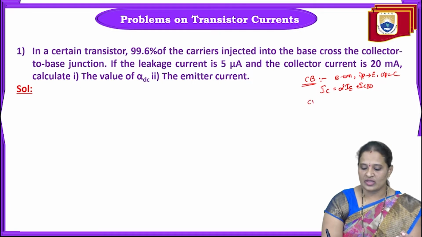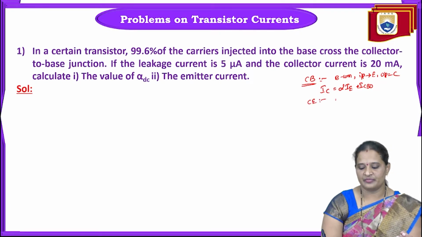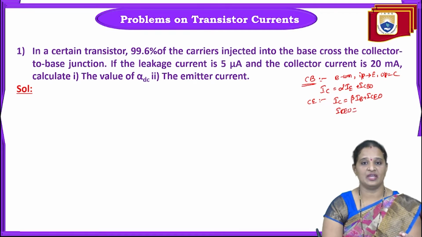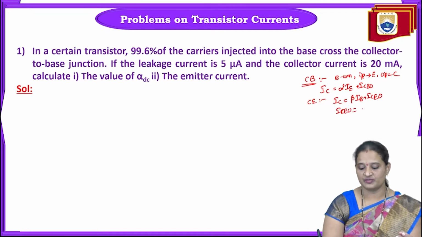And we also know that in common emitter configuration, IC is equal to beta into IB plus ICE naught, where ICE naught is the reverse saturation current in common emitter configuration, which is equal to beta plus 1 into ICB naught.